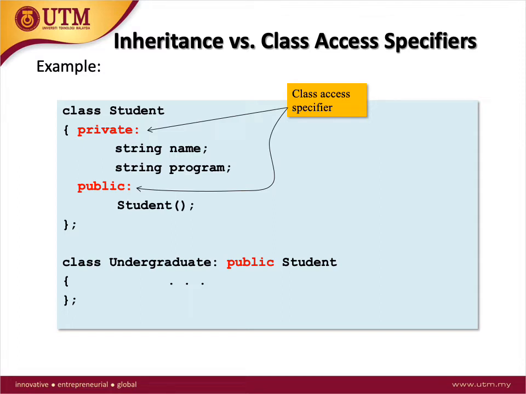When you look at the other class, Undergraduate, you can see the inheritance specifier. It's public. You can see there is a colon and public Student. This is what we call the inheritance specifier. That specifier controls how the derived class can access the base class.